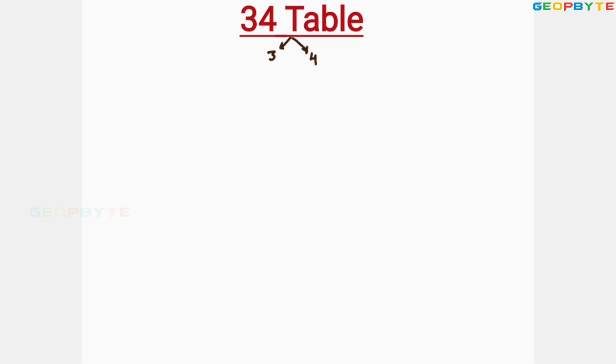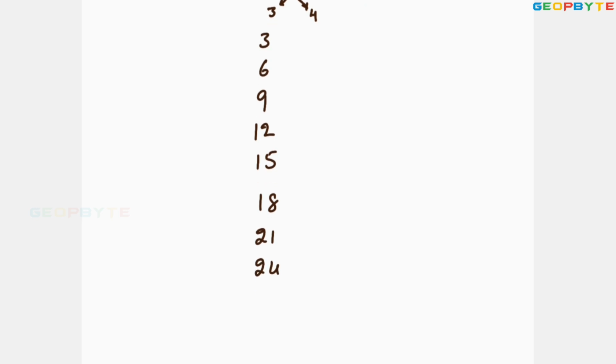Let us write the table 3. 3 into 1, 3. 3 into 2, 6. 3 into 3, 9, 12, 15, 18, 21, 24, 27 and 30.